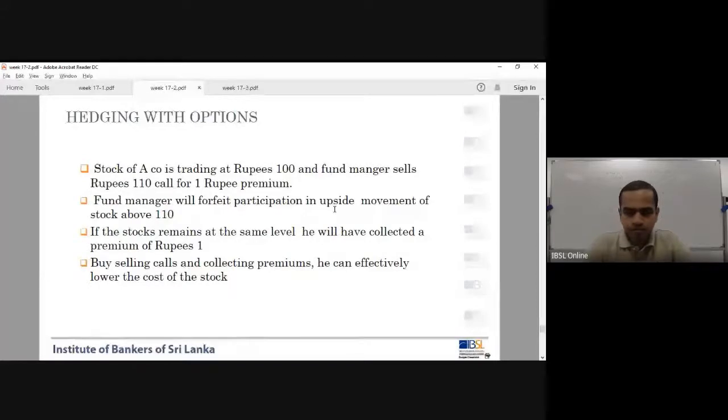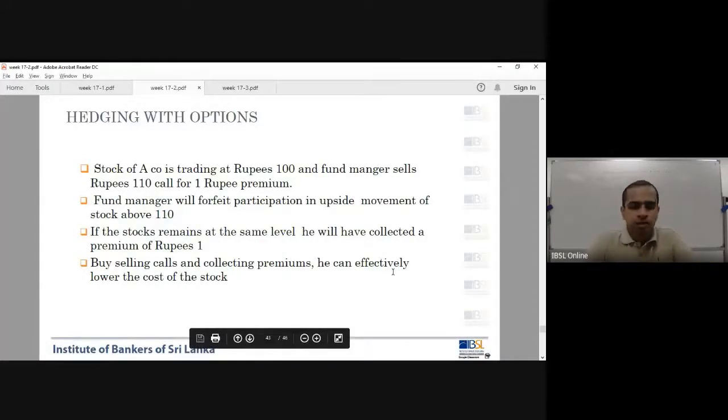Next question. Stock of a company is trading at 100 rupees, and the fund manager sells 110 rupee calls for a 1 rupee premium. So what happens?